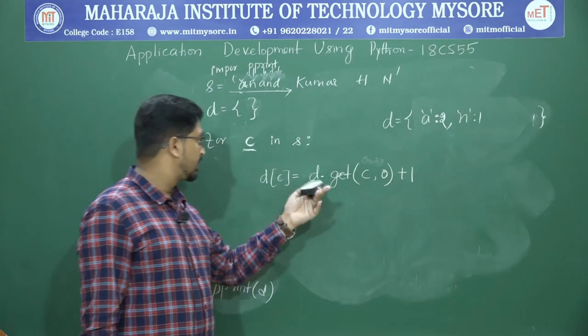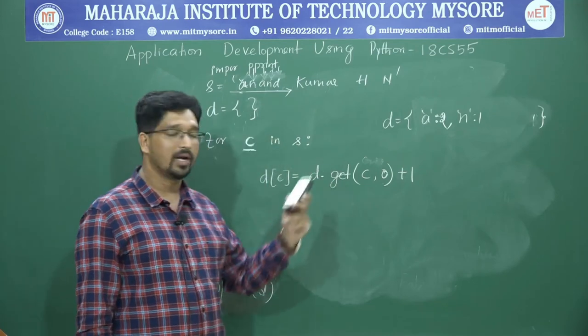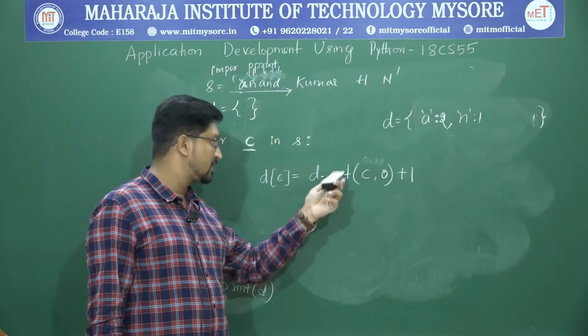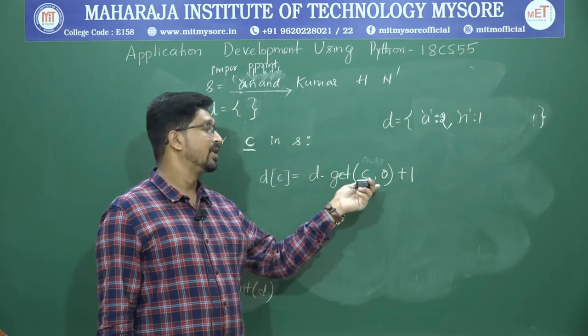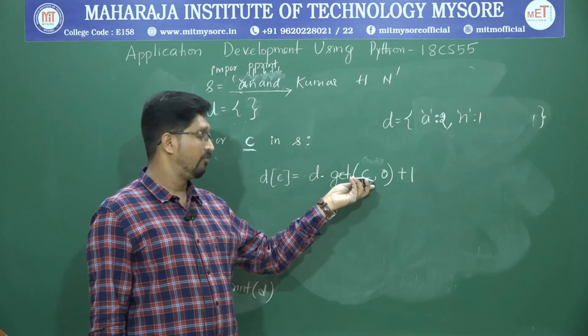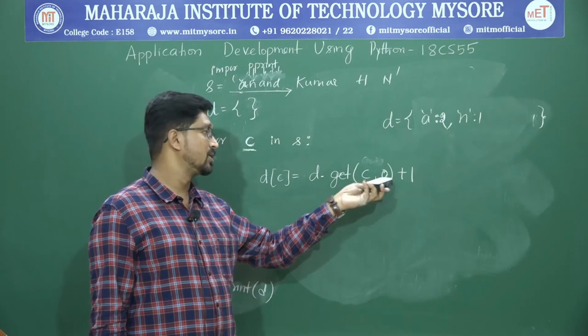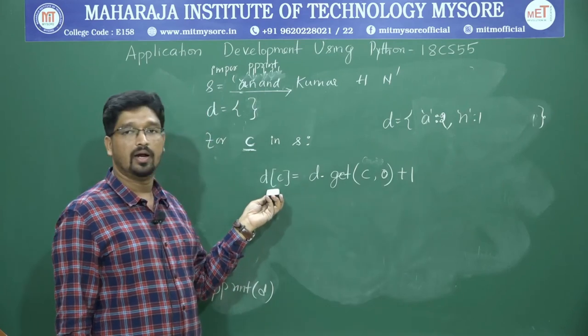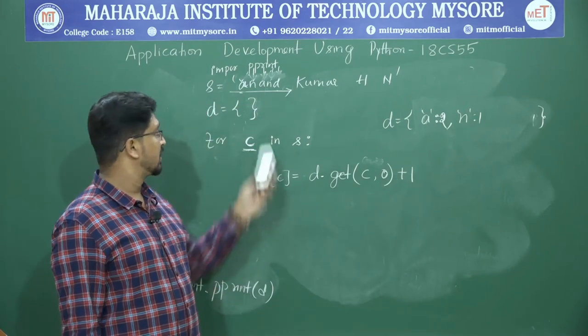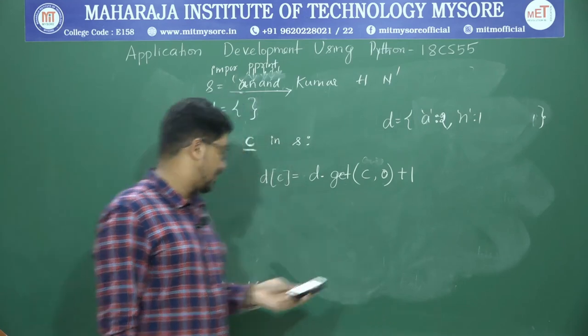So using the get method, you can write this program in only one line. D dot get character comma 0 plus 1. Get the value of the particular key. If it exists, fine; if not, return 0. Add 1 to it and store it back to the dictionary.